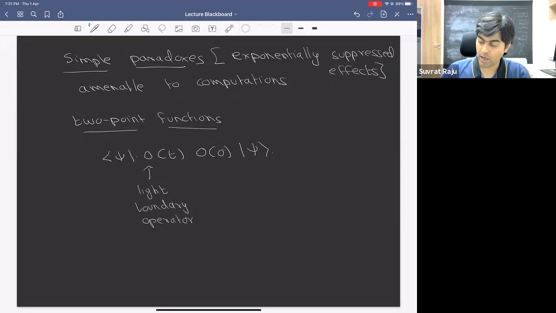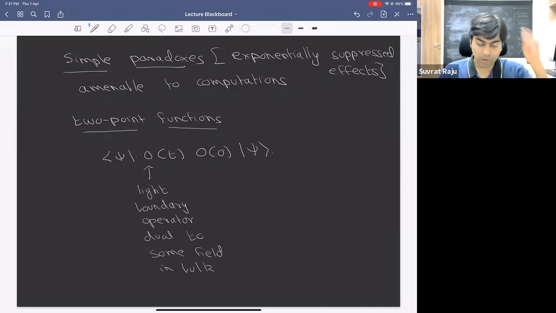So it's dual to some field. We don't have to take such an operator. You could take something more complicated, but this is the simplest case to consider.